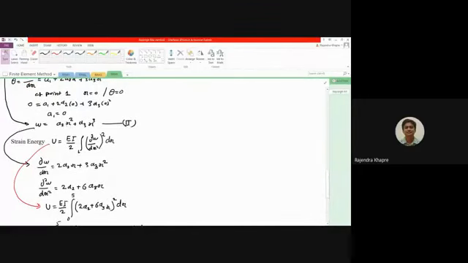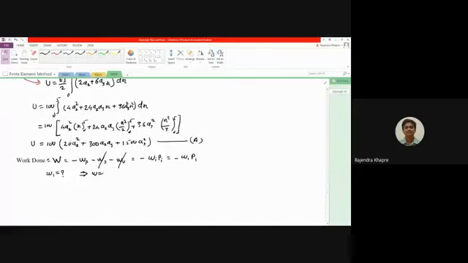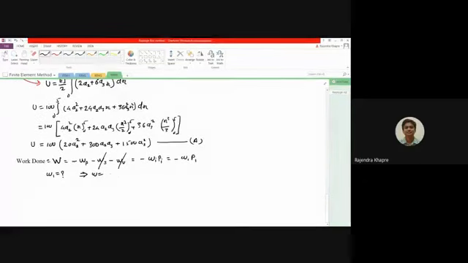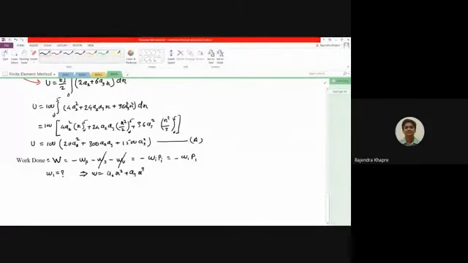This is A2x square plus A3x cube. Let me write it down over here: A2x square plus A3x to the power 3. If we want to calculate the value of W, we have to reach the point where the load is there.